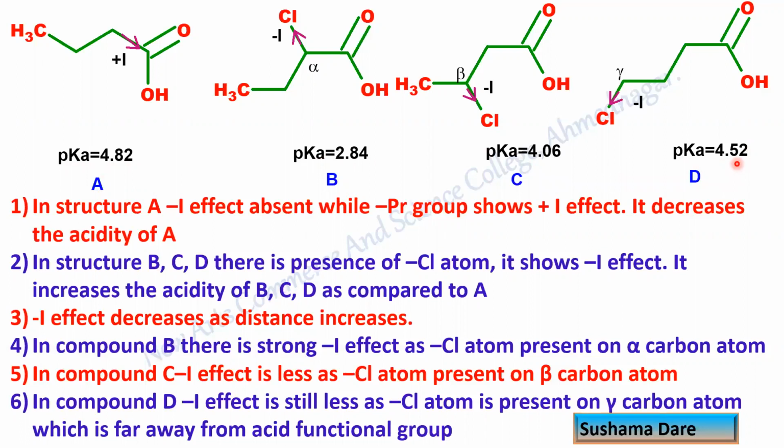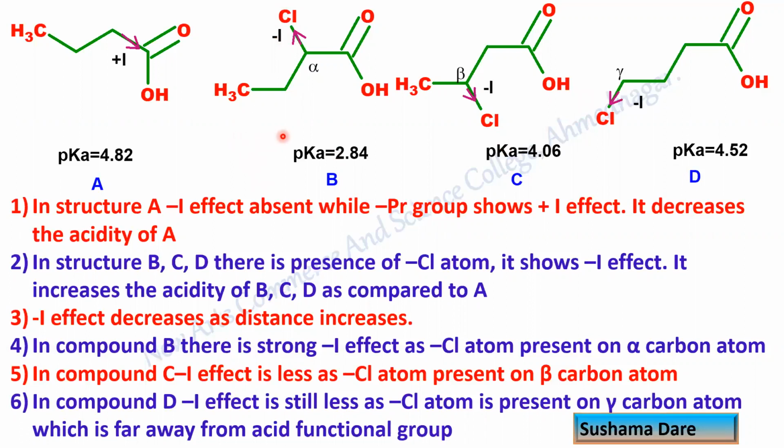That means as compared to A, the pK value is small, so B, C, D are strong acids as compared to A. What is the reason behind it? Because in compound A, there is an absence of halogen, an absence of electron withdrawing group, while in compound B, C, D, there is a presence of electron withdrawing group.